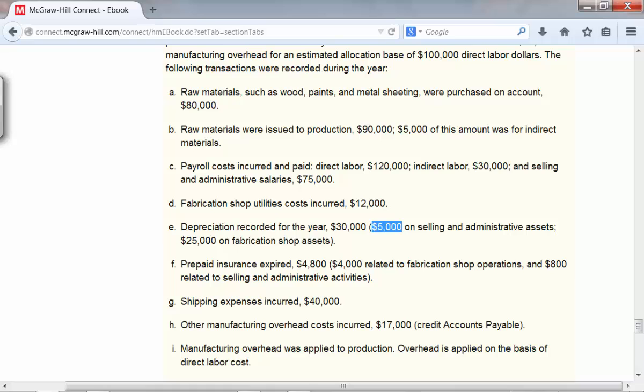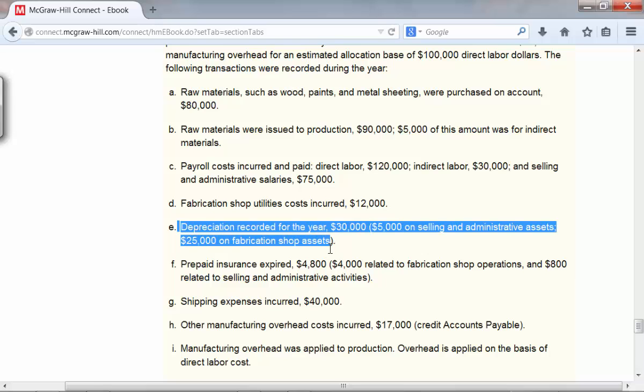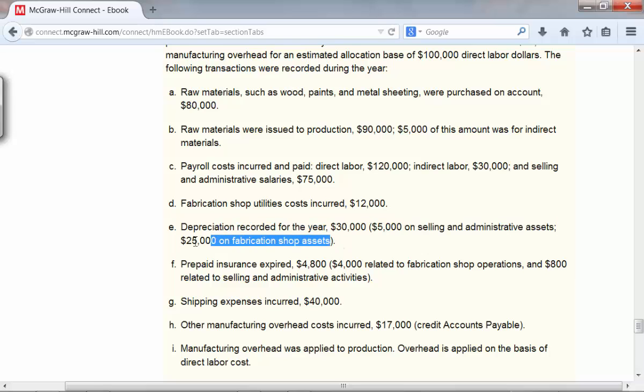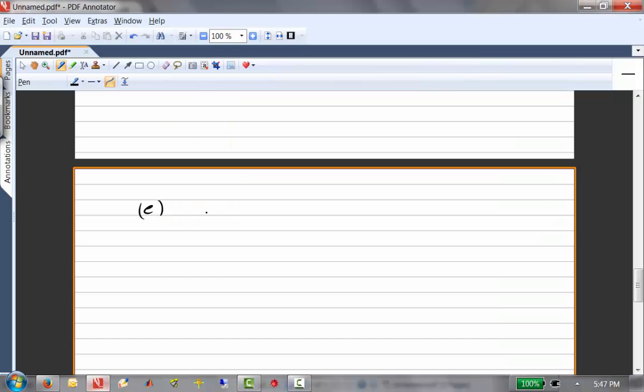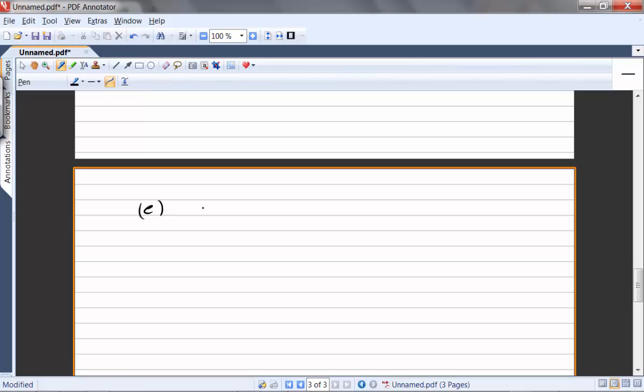It's on that right-hand side of the circle C. So it's immediately expensed. And then the $25,000 of this $30,000 depreciation is for depreciation on assets that are used actually in the plant. So depreciation on the air compressor, depreciation on all the machines, and so forth. So that depreciation it's an indirect cost.